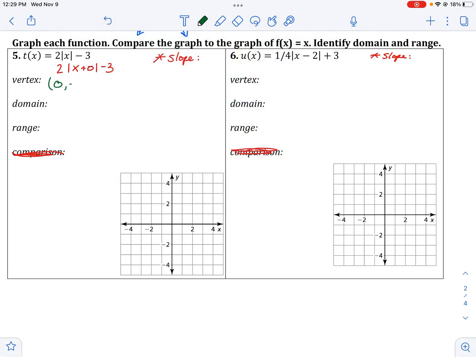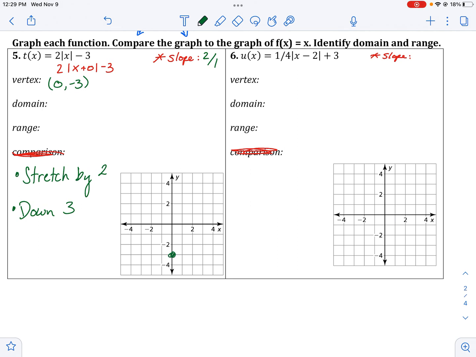So your vertex here should be 0, -3. That 2 out front means that you're stretching that function. It's getting taller because it's bigger than 1. It's getting taller by 2. Your slope then we know is 2/1. You didn't go any left or right because that's a 0, but you did go -3 up and down, which means you went down 3.